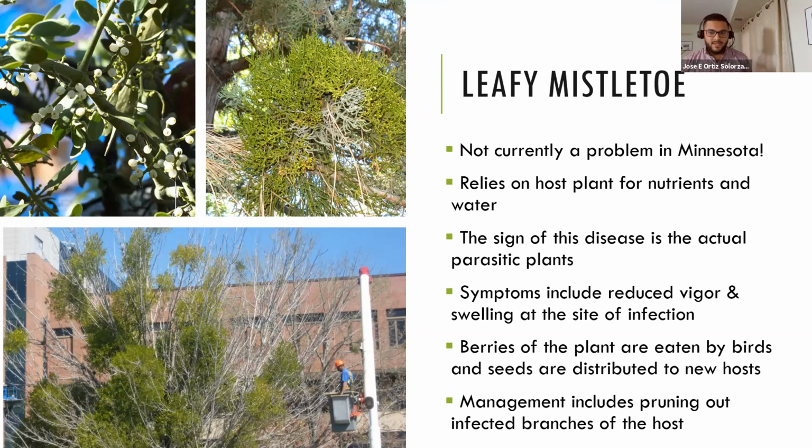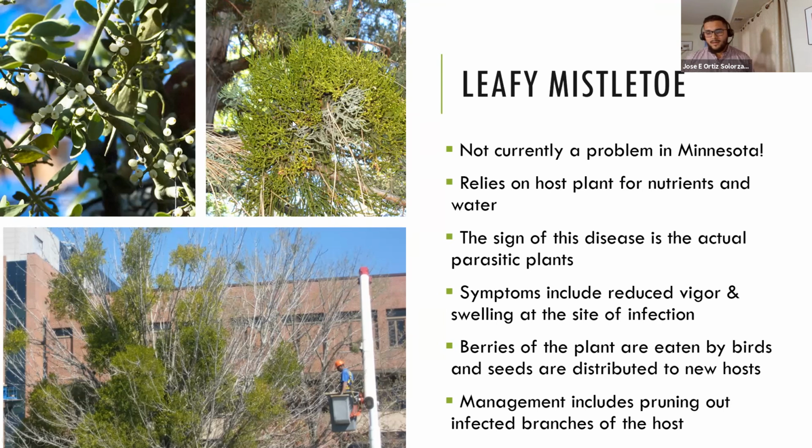So this parasite relies on the host for nutrients and water. And the signs are the structures of the plant parasites. What are the structures? You can observe the leaves of the plant parasite, and you can also observe the green stems of the parasite. And another characteristic structure of this parasite are the berries, these white berries that you can observe here.